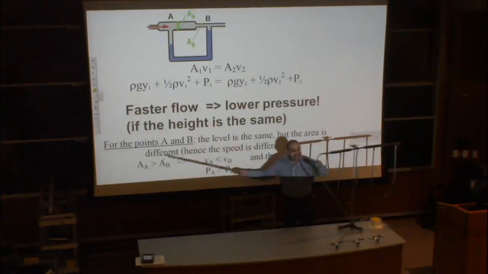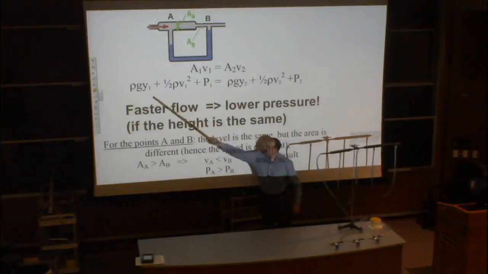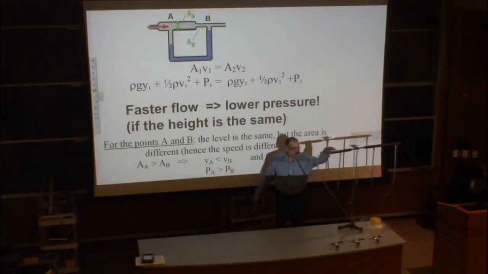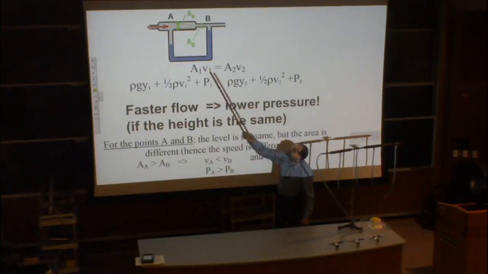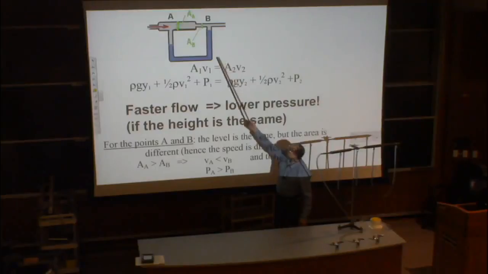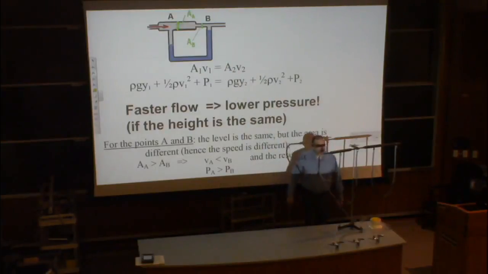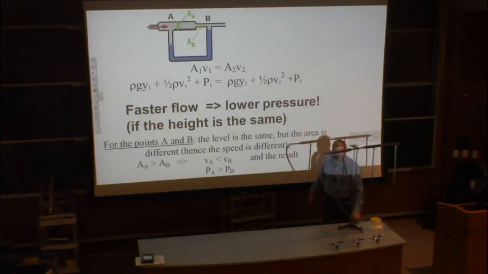Again, first of all, in this experiment, height doesn't matter. Same height. We set it to 0. Now, we know that at point, let's say B, air flows faster, which means kinetic energy is larger.